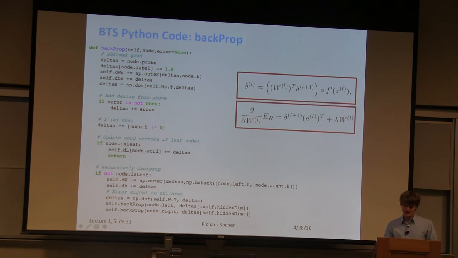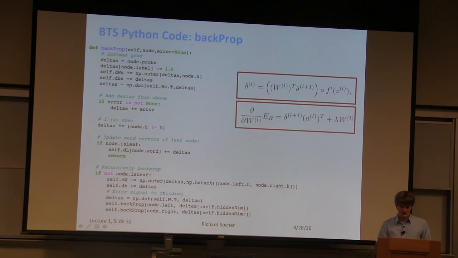You see exactly this equation in the code here, and you sum up at each node, adding more to the derivatives of W. Derivatives with respect to b are just the delta messages, as we've seen in one of the early lectures.